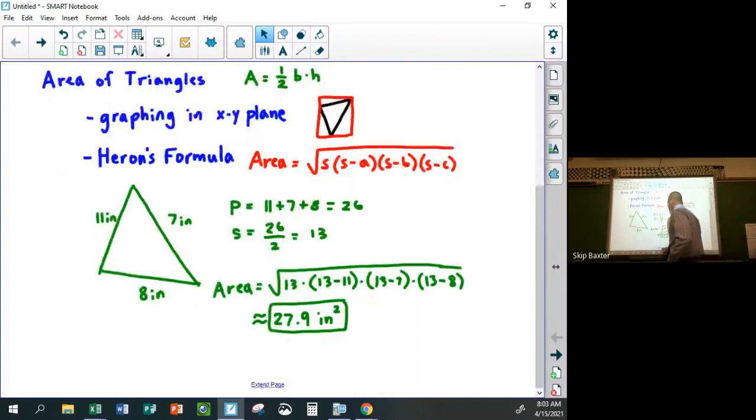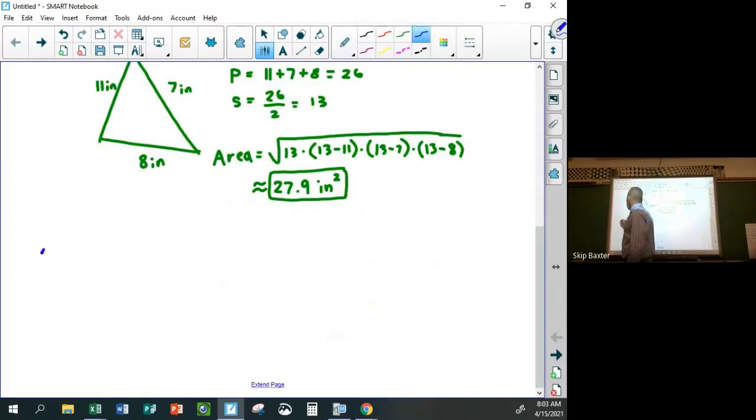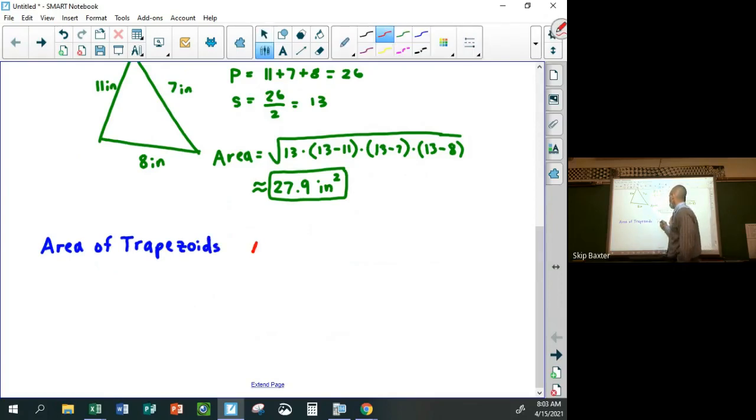So then we did area of trapezoids. So this formula, remember, was 1/2 h times b1 plus b2. So h is the perpendicularly measured height. B1 and B2 are the length of the top and the length of the bottom. In any order, B1 could be the top or B1 could be the bottom, and then B2 is the other one.